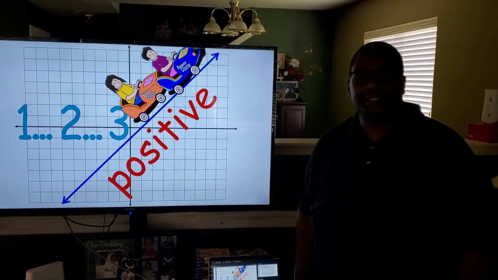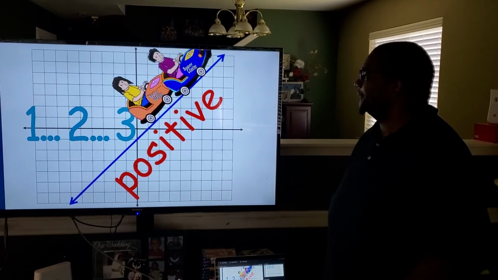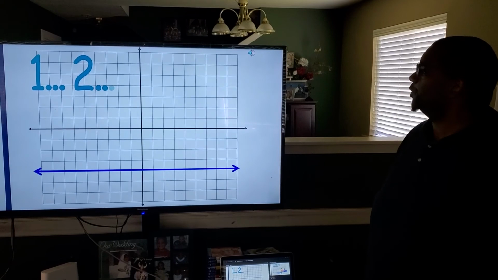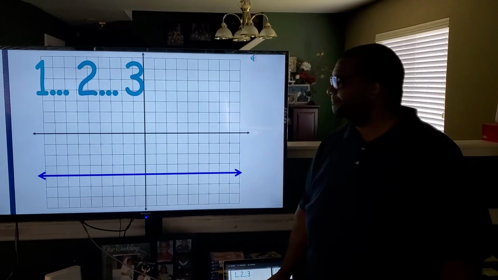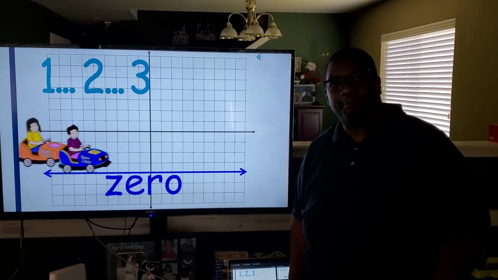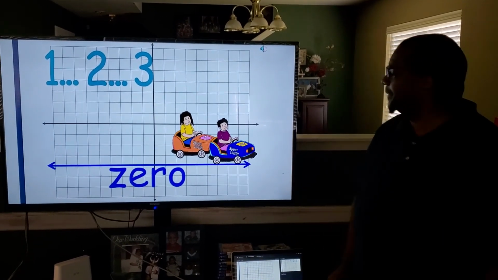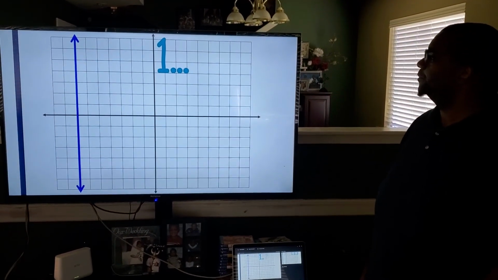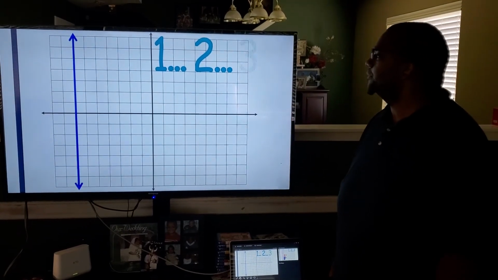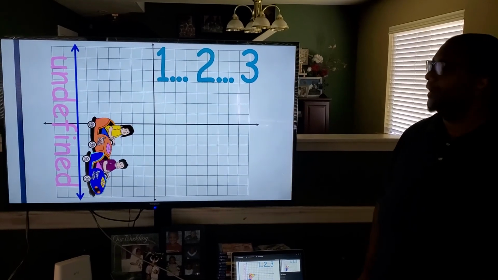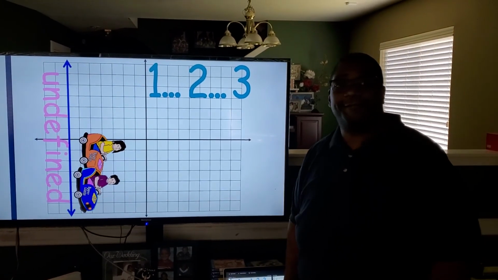That is a positive slope. It is increasing. 1, 2, 3. Boring. That is our boring slope, our zero fun slope, our zero slope. And then that is our undefined slope.